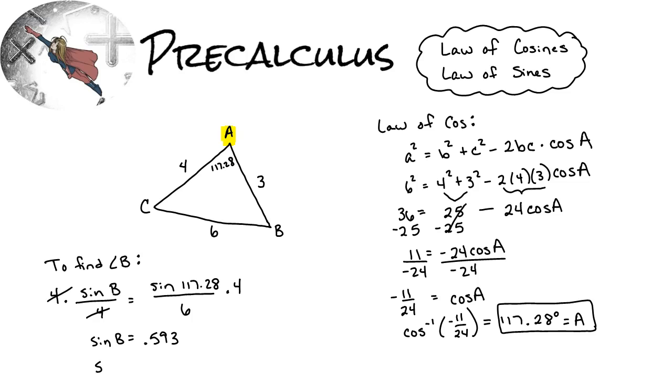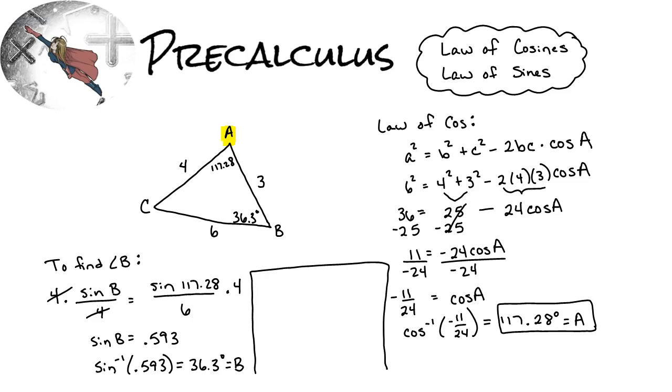So then I'll just do sine inverse of 0.593 in the calculator, and that equals 36.3 degrees, which is angle B. So we can put that in our picture, 36.3 degrees, and then we can just subtract the two angles from 180 to get angle C.